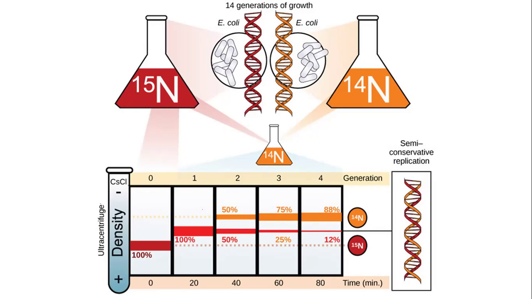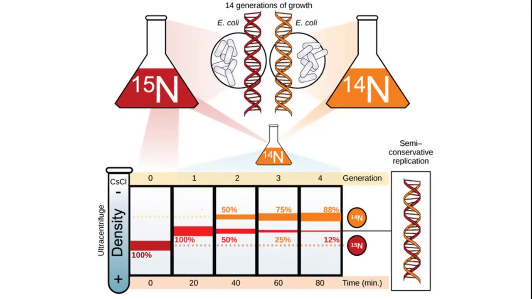When they centrifuged, they discovered that the quantity of nitrogen 15 was decreasing by half over time. So when they started with 100%, by the fourth generation they had only about 12, which technically should be 12.5%. Through this experiment, they were able to establish the fact that DNA replication is semi-conservative.